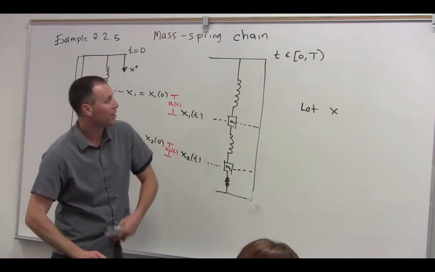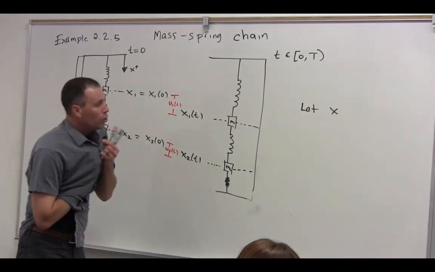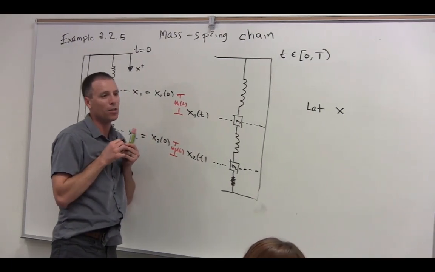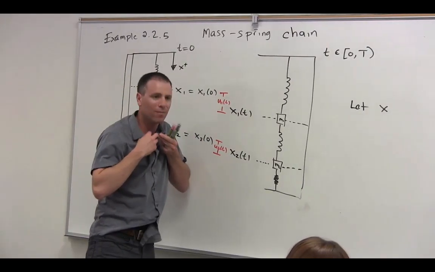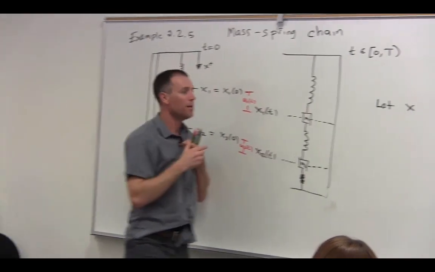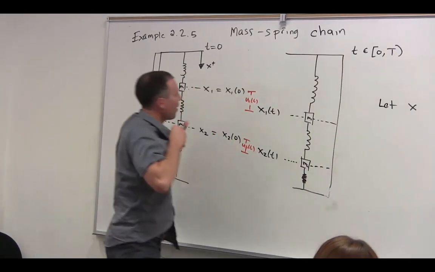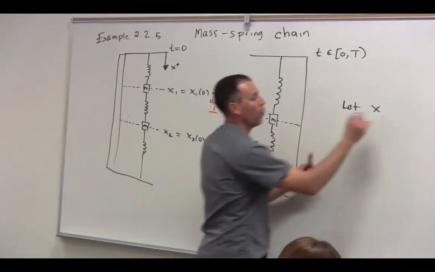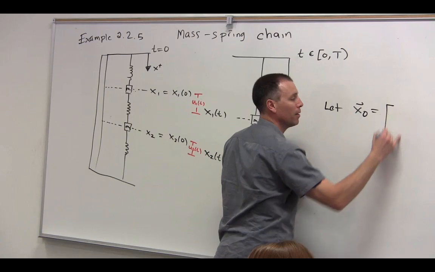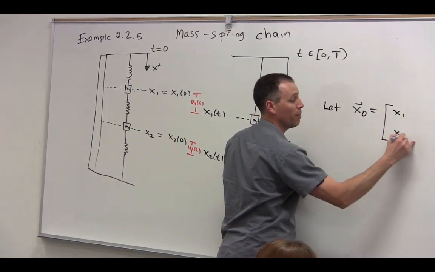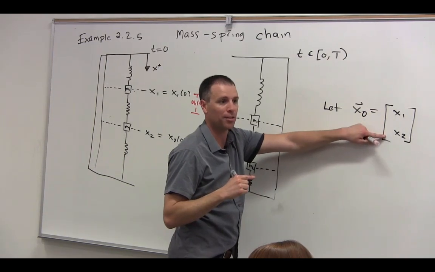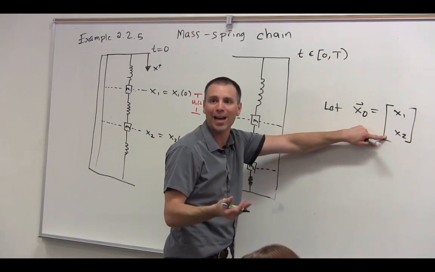Okay, so let me ask you this. Could you imagine what we'd say x0 is? Yeah, so if we think about x0 as the 0 position, so what would the vector x0 be? It would be the vector of equilibrium positions, the initial positions of the masses, right?